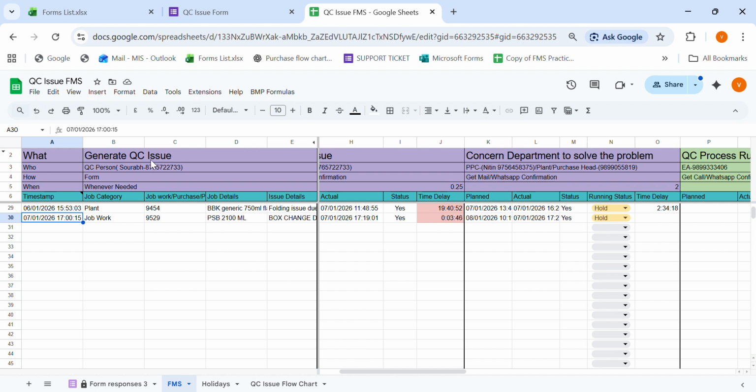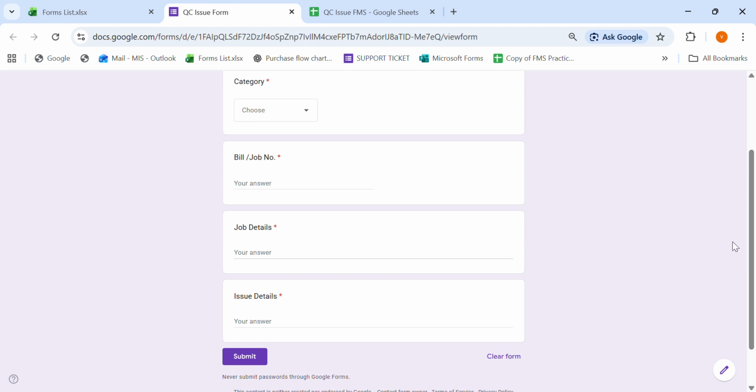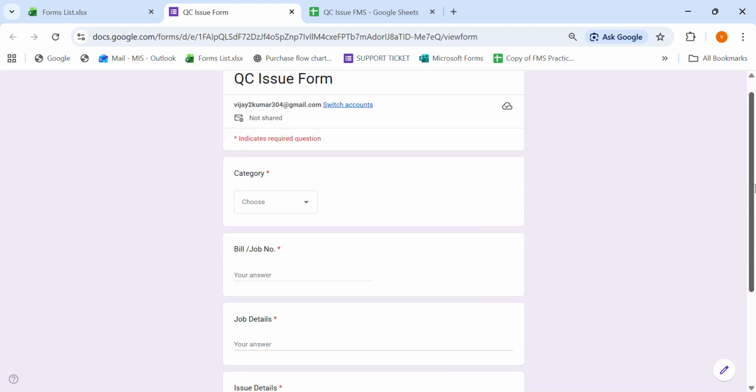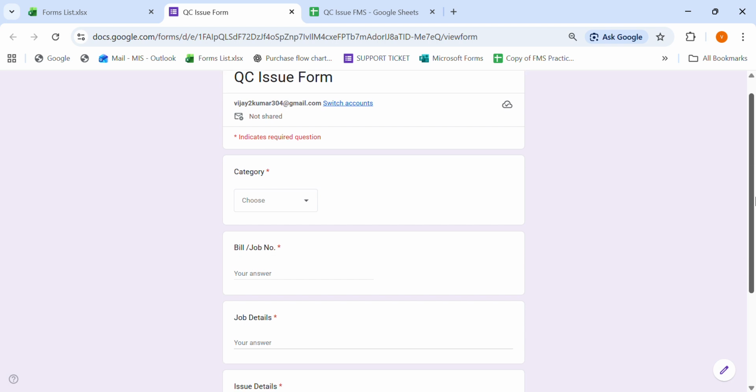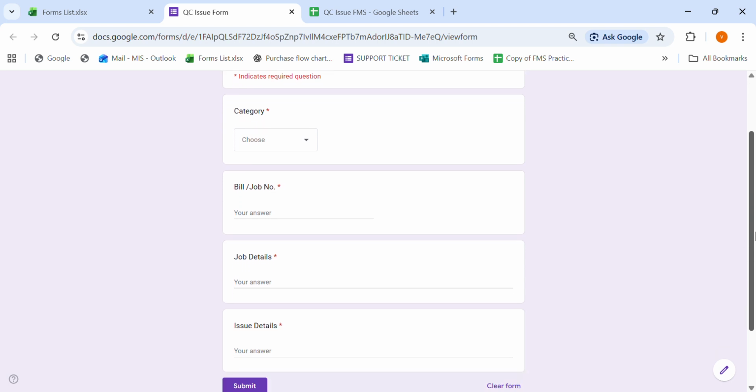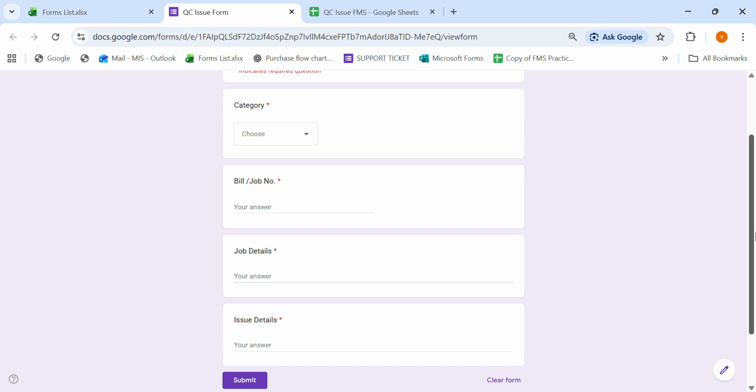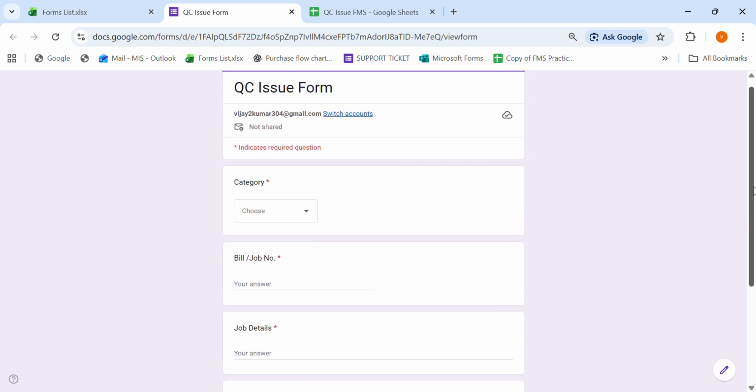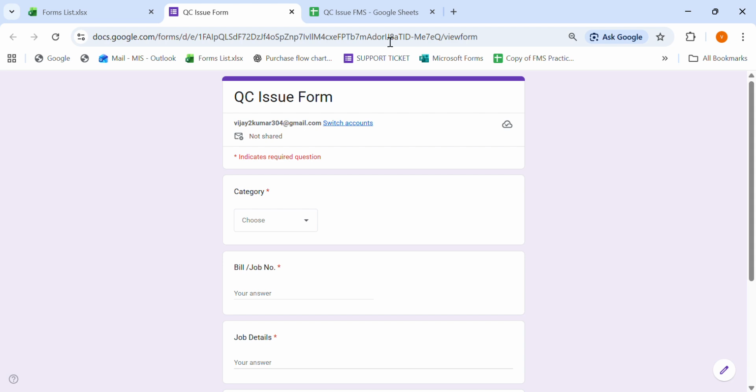So we introduce the first step: generating the QC issue. The QC issue is related to the form. Here the responsible person is the QC person, who fills in the details in a form. The QC person fills in the category, bill number, job detail, and issue details, describing what the issue is.